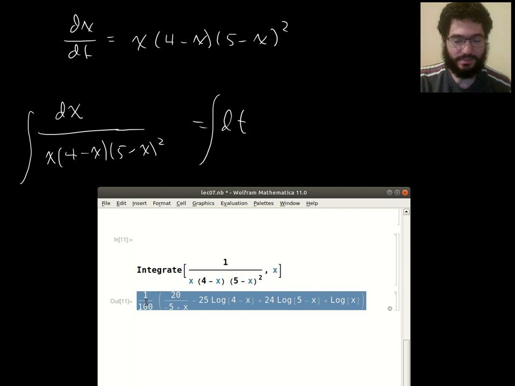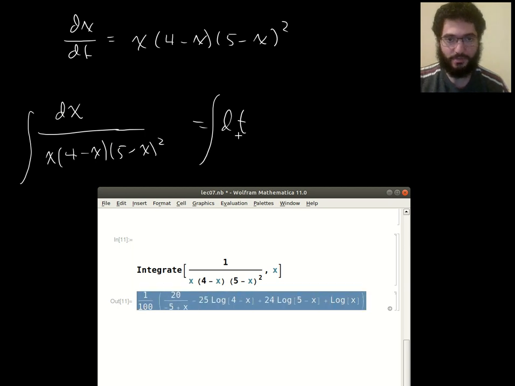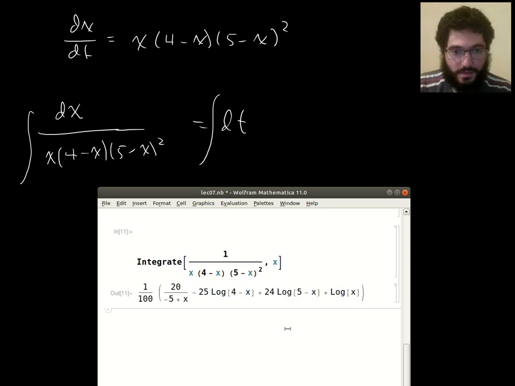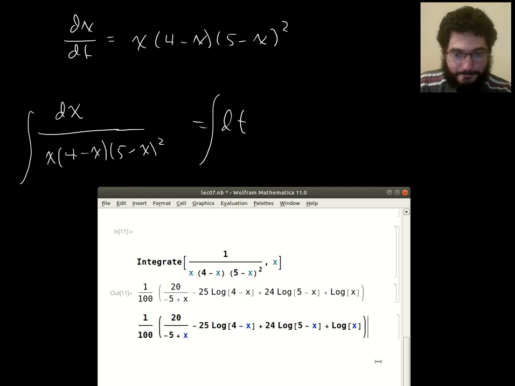Okay, so this is x. Now, can I actually get an explicit solution? I know this is going to be equal to the integral over the right-hand side, which is t, and then maybe plus c. So let me copy and paste this.